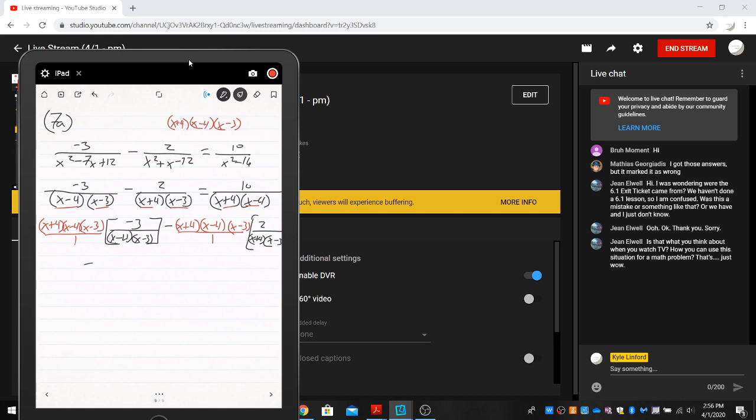And then that's going to be equal to, I'll write it down here, x plus 4, x minus 4, x minus 4, all underneath 10, and I'm going to multiply that by the x plus 4 times x minus 4 times x minus 3.